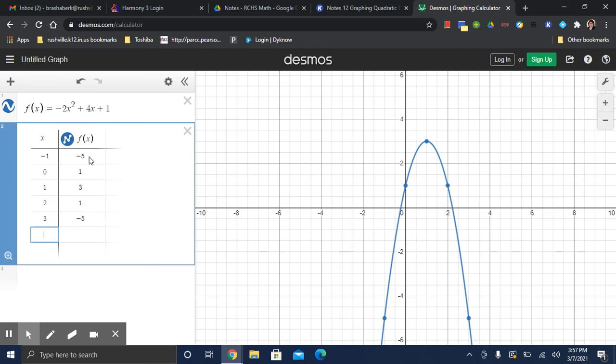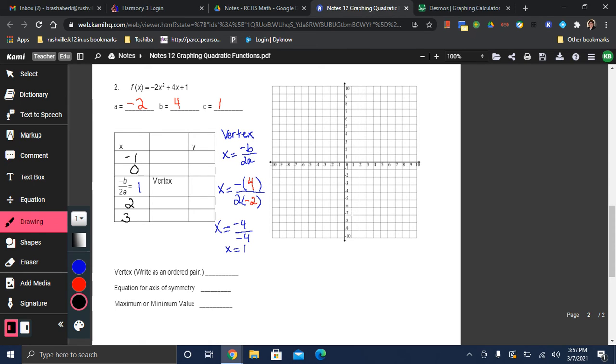So remembering these numbers, negative 5, 1, 3, 1, and negative 5. This is what we'll write down in our table.